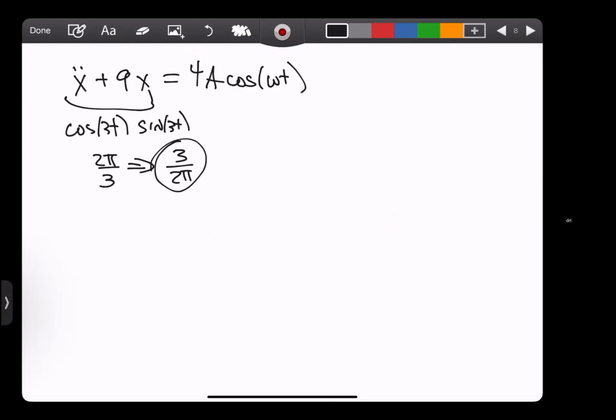So we can think of that as the frequency, the number of cycles per second, hertz. Over here, we've got a thing with period 2 pi over omega, aka frequency equals the reciprocal of that. So omega over 2 pi hertz.